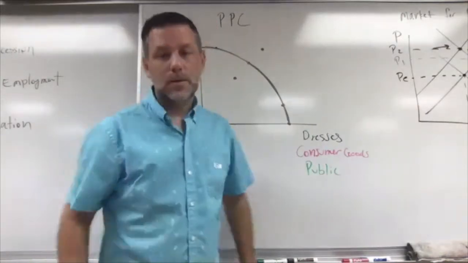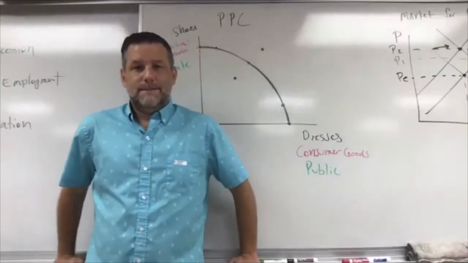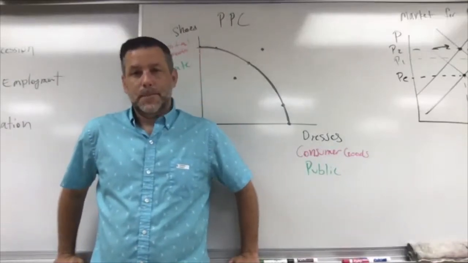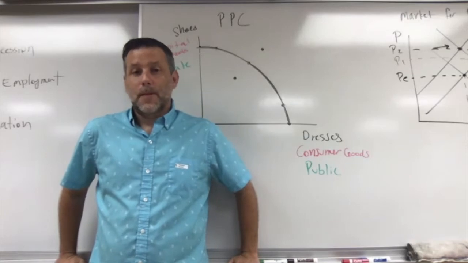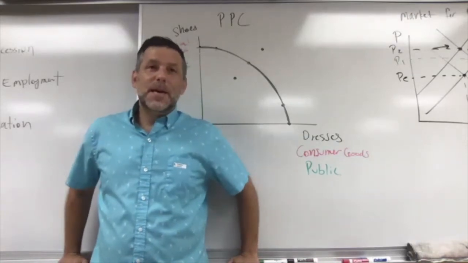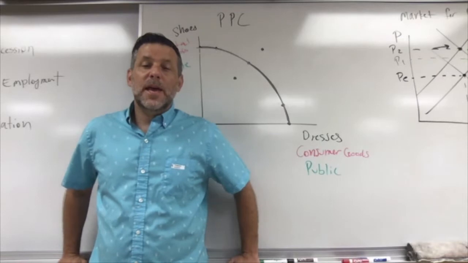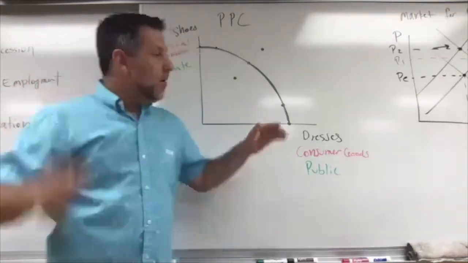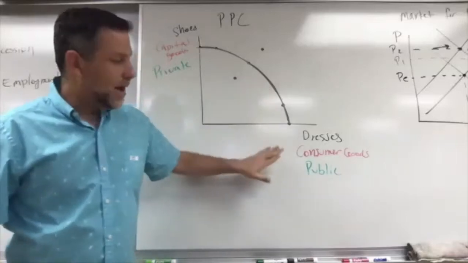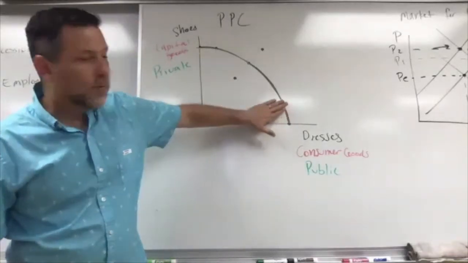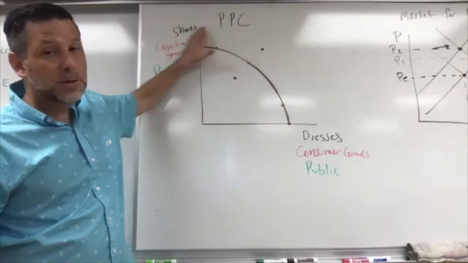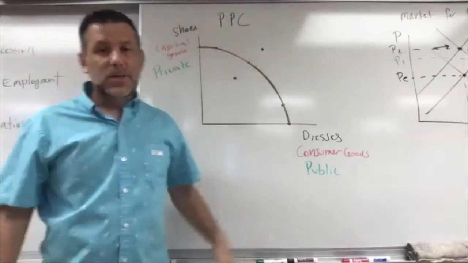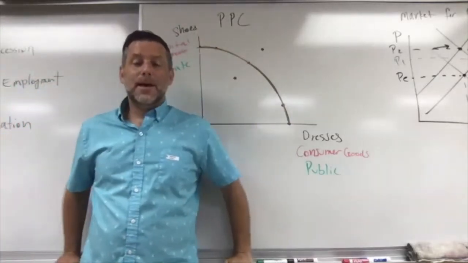Okay, so would this only be towards clothing, or would overproducing count as food and stuff, like when restaurants throw food away? When we're talking about overproducing, at this point we're thinking of this curve representing everything we produce in our economy.